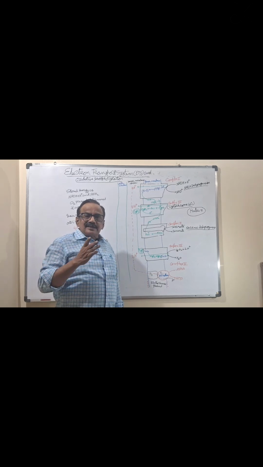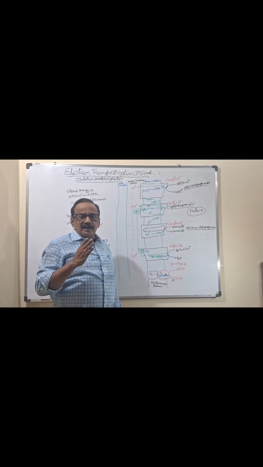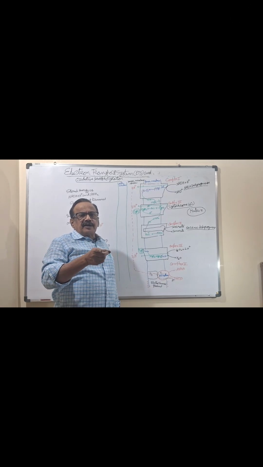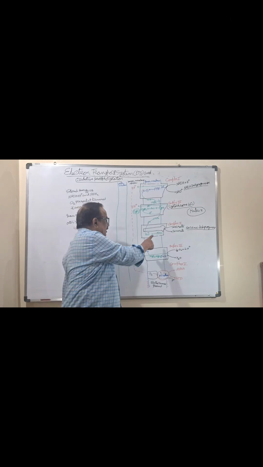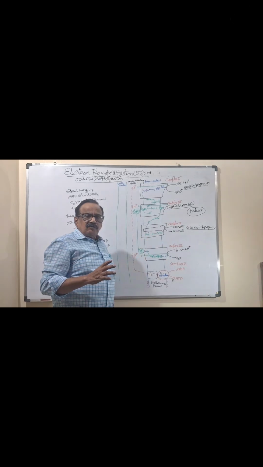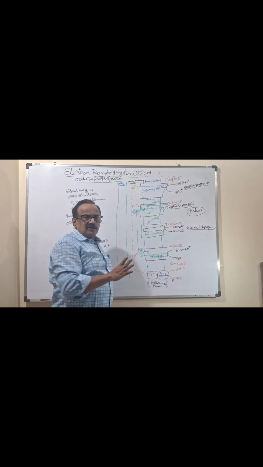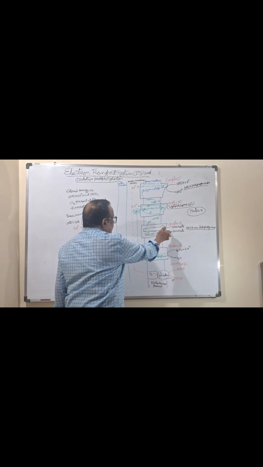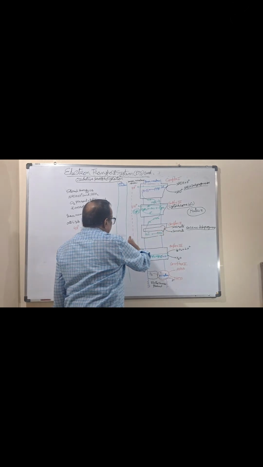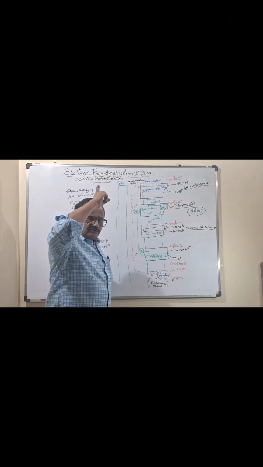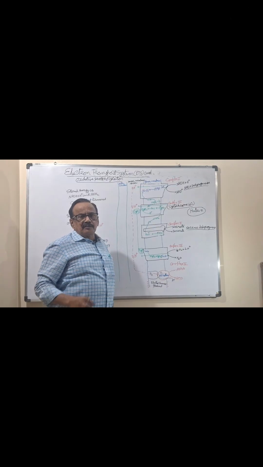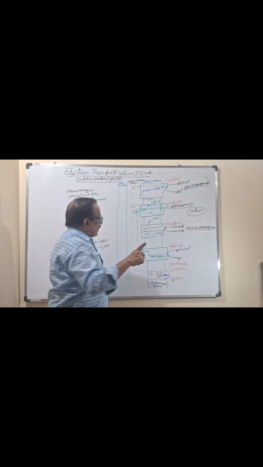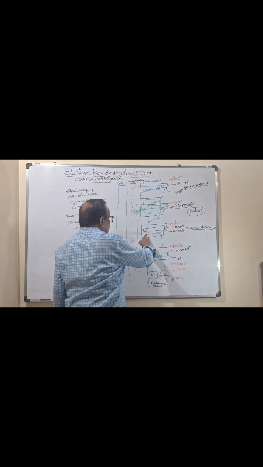So the energy which is generated in the splitting of the flavine adenine dinucleotide will be used for that purpose. So they won't pump any protons from complex 2 to the inner membrane space. This is most important for the NEET.